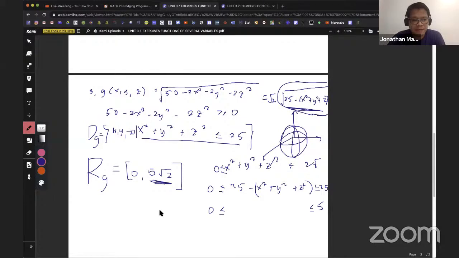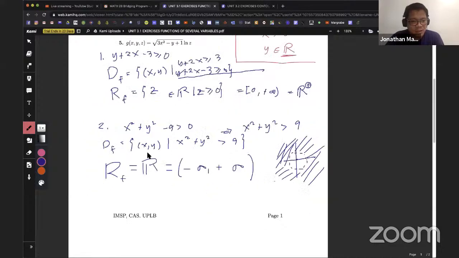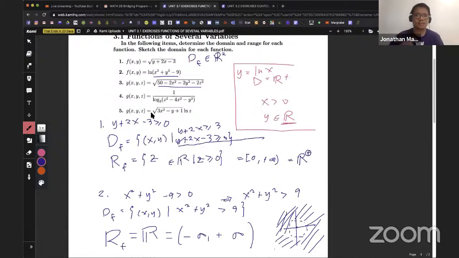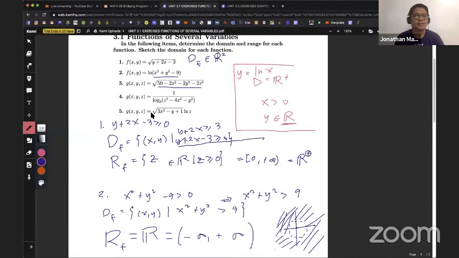So do you have any more question with section 3.1 or are we good? So actually, ang crucial dito is, in determining the domain of the function, una mo muna titingnan ilan yung variables involved.